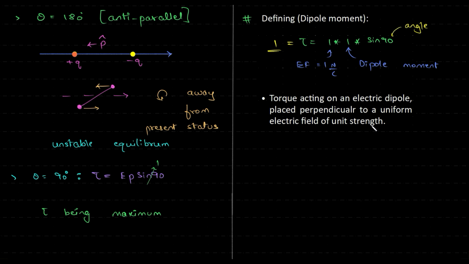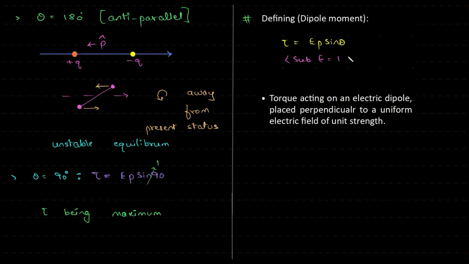So if the torque is 1, then the dipole moment would be so. Or let me put it this way actually. As per the definition, I'm actually telling it wrong. Torque is EP sine theta. If I substitute E equal to 1 Newton per coulomb, sine theta is 1, that is angle is 90 degrees. From this I can tell torque is equal to your dipole moment, right?